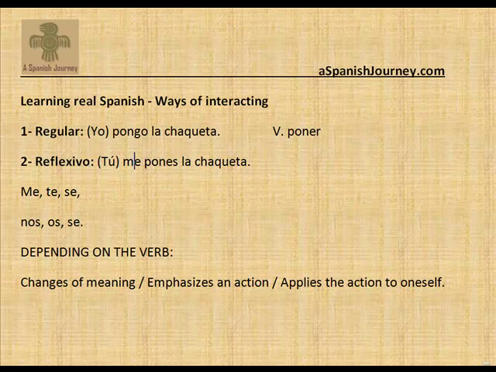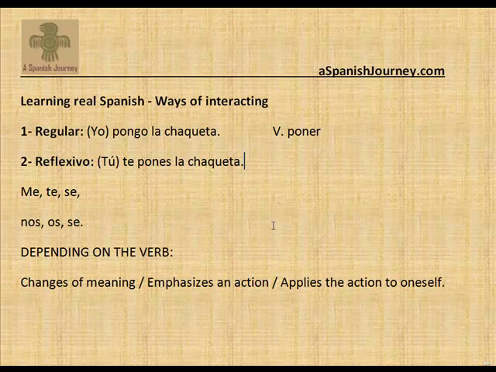Me pones la chaqueta wouldn't be right because it's not reflexive. It has to be te. Tú te pones la chaqueta. What we're saying here is that you put on the jacket, okay? And always the pronoun and the verb have to be in sync, okay?